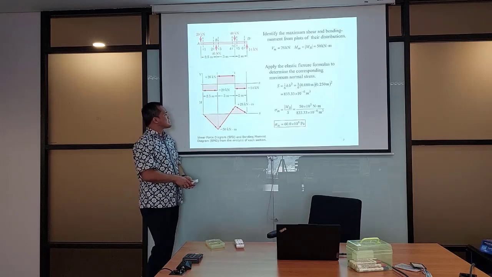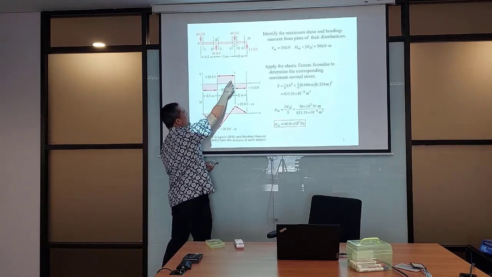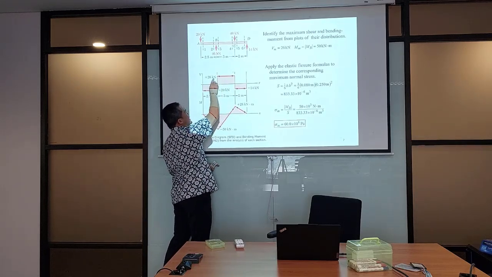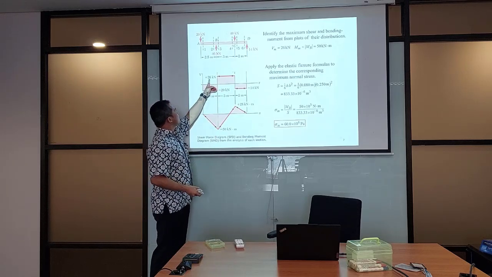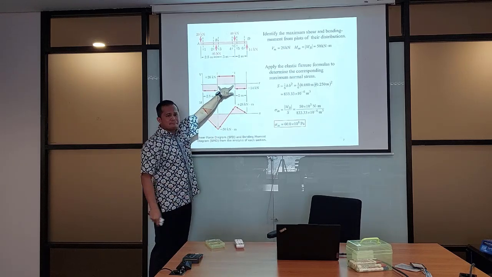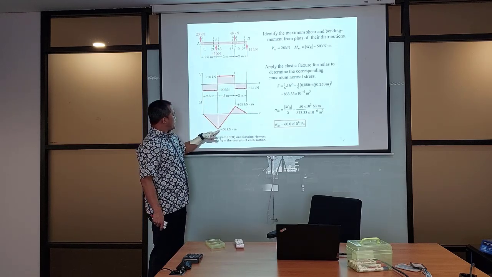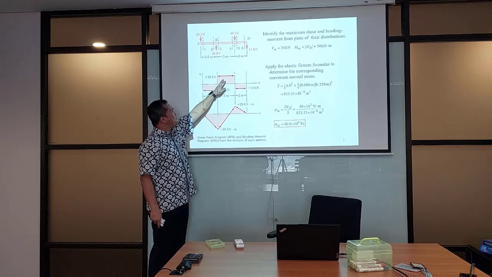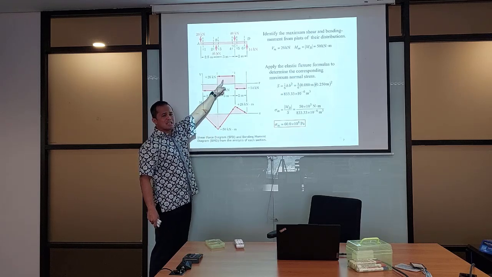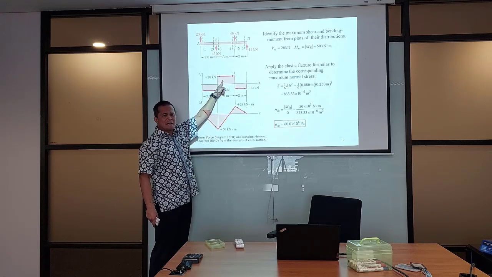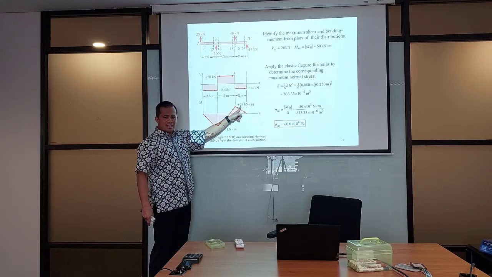Now, what would be the moment because of the 26 kilonewton? Just 26 kilonewton multiplied by 3, that's 78. You have minus 50, and you have positive 78. 78 minus 50, you get 28.